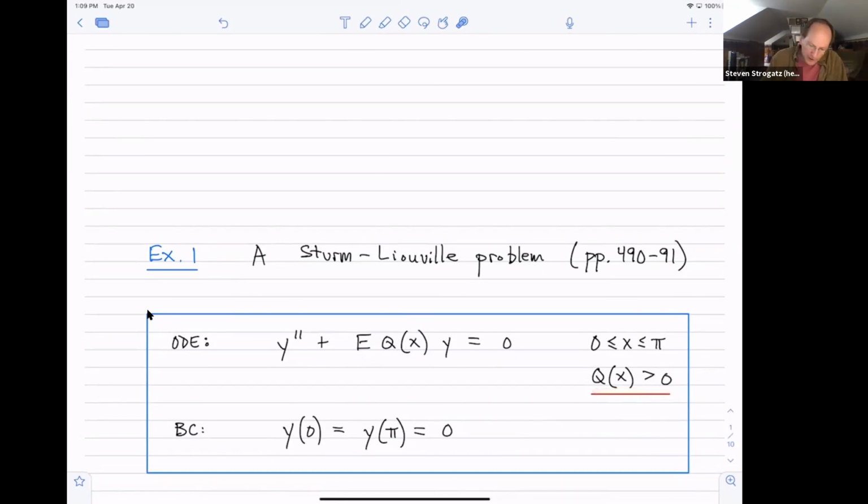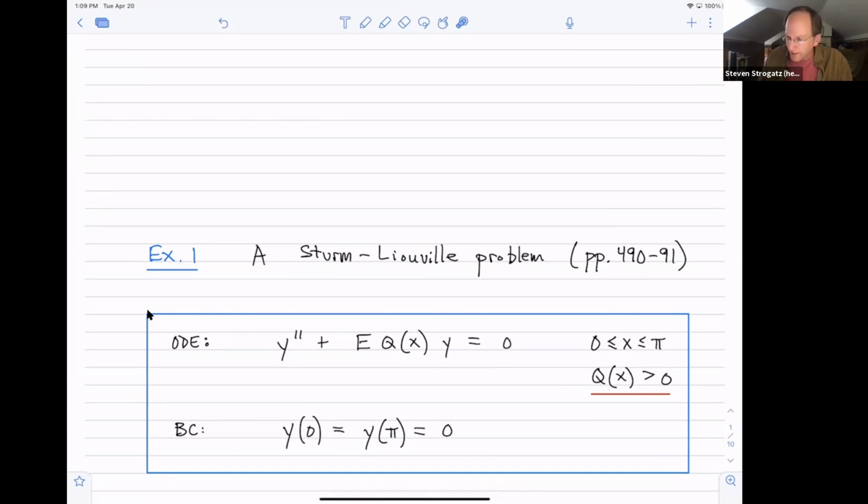Like if this were a constant positive quantity, then this really would just have sine and cosine solutions. Notice I'm constraining y to be 0 at both ends of an interval from 0 to pi. And so the question is to find a y that satisfies this differential equation and also satisfies these two boundary conditions.